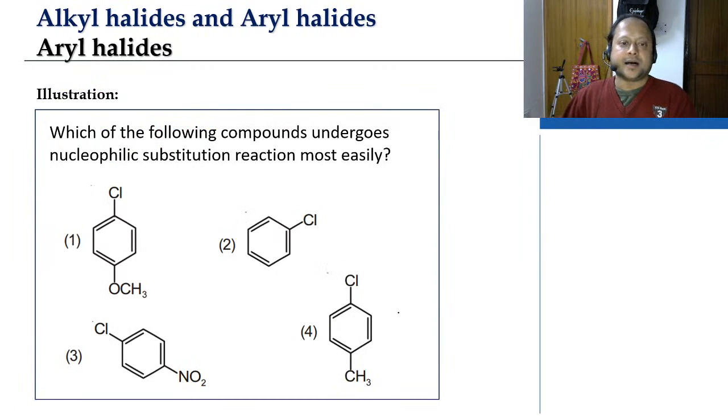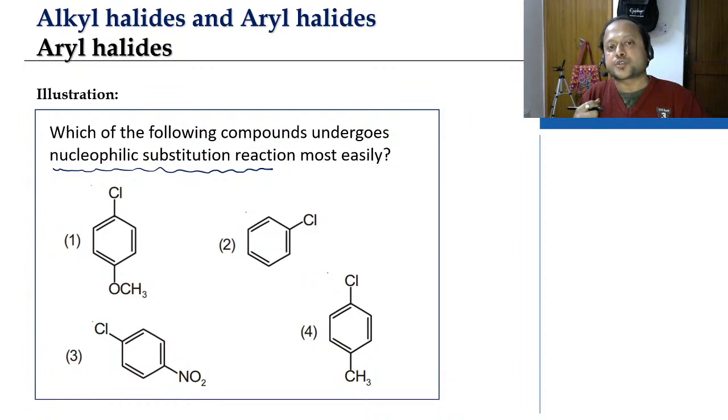Now let's discuss this question quickly. Which of the following compounds undergoes nucleophilic substitution reaction? Just be careful, nucleophilic substitution reaction they are asking for, right? And this happens with electron withdrawing groups, not donating groups. So this methoxy group is an electron donating group, so this is not going to happen.